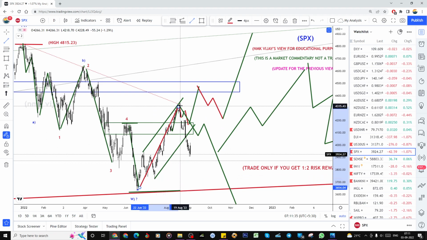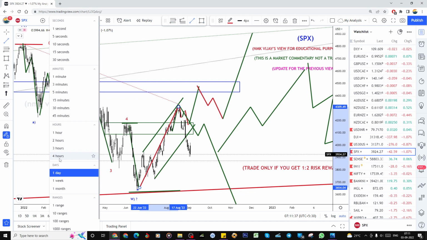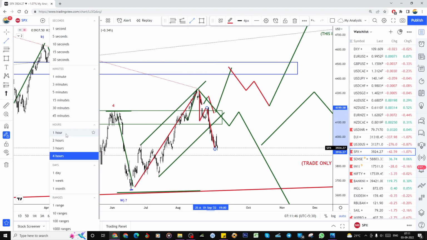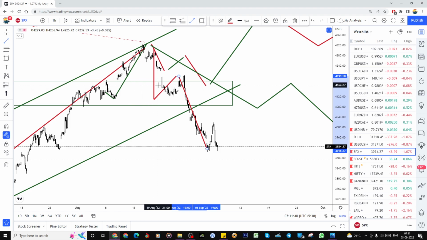So here it's looking like a five-wave structure, or sometimes it looks like an ABC. Why am I explaining this as a five-wave structure? This wedge is the confusion. We don't know whether this is 1 2 1 2 3 4 5 or here it's a B C, where the C is a wedge formation, or this is a 1 2 3 4 5 like that. It's a little bit confusing here.